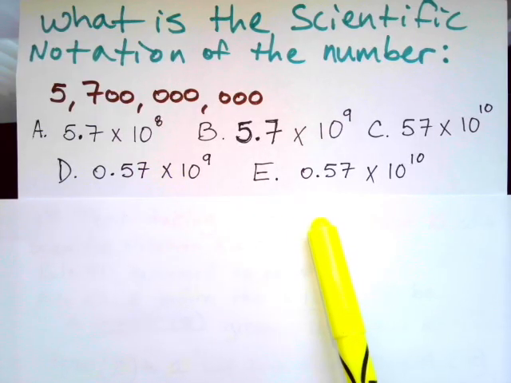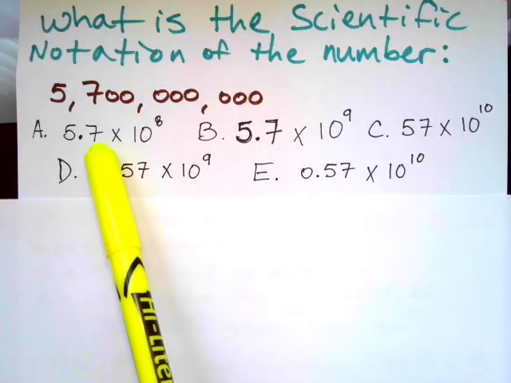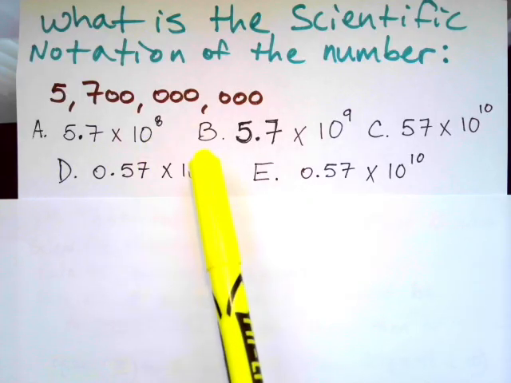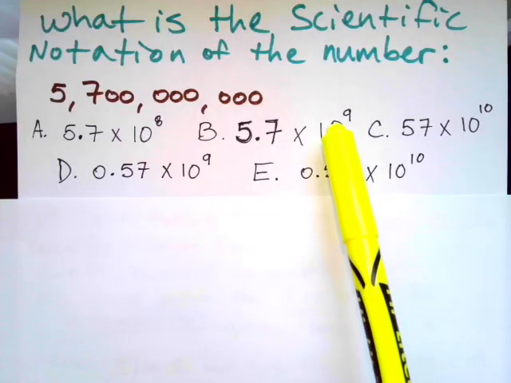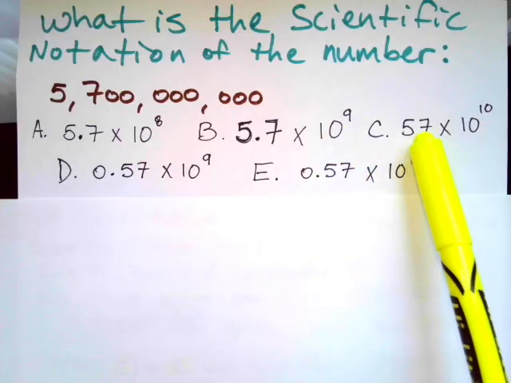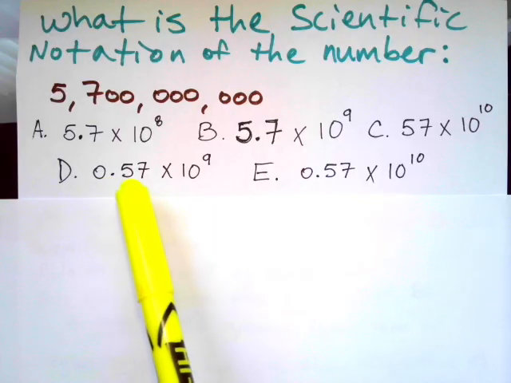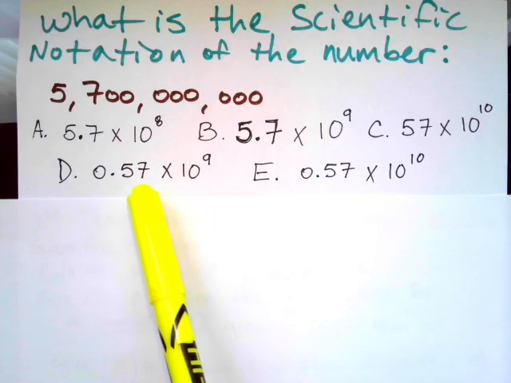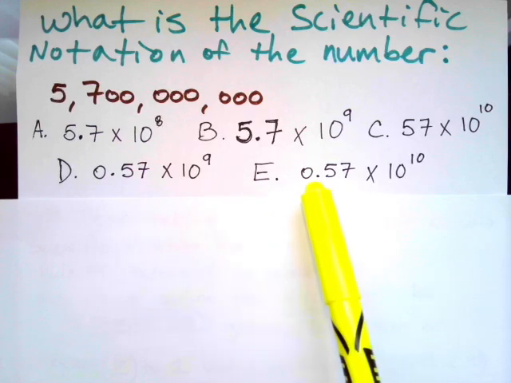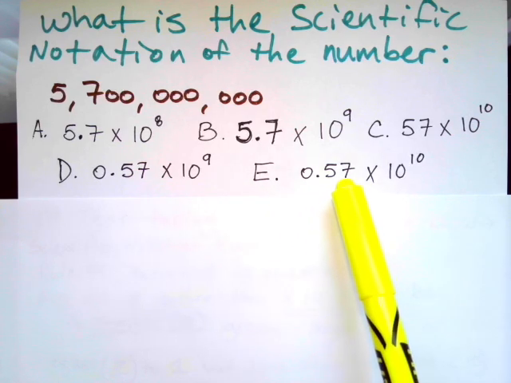So you have A, 5.7 times 10 to the 8th. B, 5.7 times 10 to the ninth. C, 57 times 10 to the 10th. D, 0.57 or 57 hundredths times 10 to the ninth. And E, 57 hundredths times 10 to the 10th power.